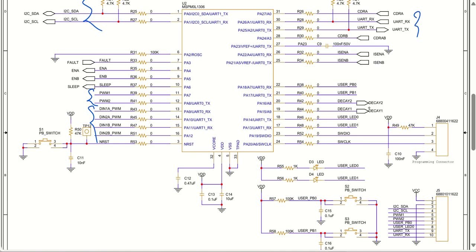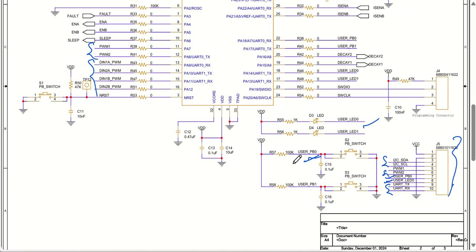For that, I have provided one external connector here, which is having all the information like I2C, PWMs, UART, and 2 external pins like PB0 and LED0. So 2 extra push buttons and 2 extra LEDs have been given, that also can be used for some status configuration or status indication.